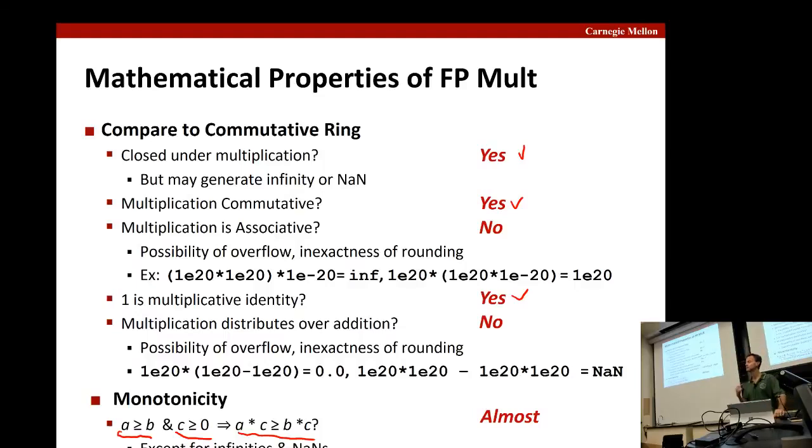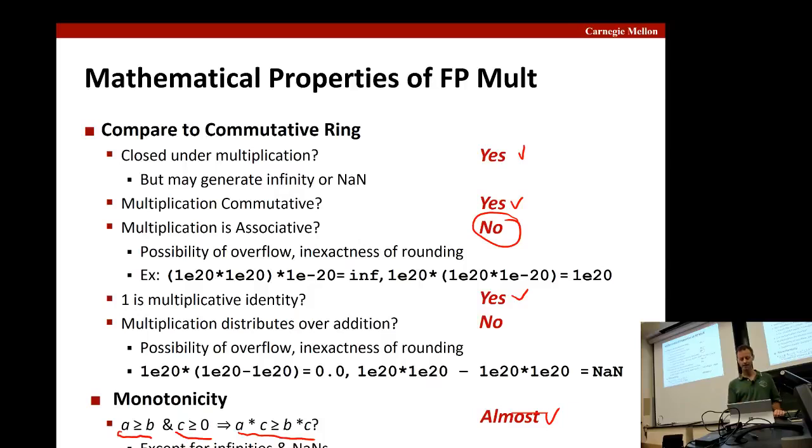And that is also true except for infinities and for the NaNs. Okay, so this is pretty good as long as you stay out of the range of infinities and NaNs. Multiplication, however, has the same problem with associativity. You get weird rounding effects.